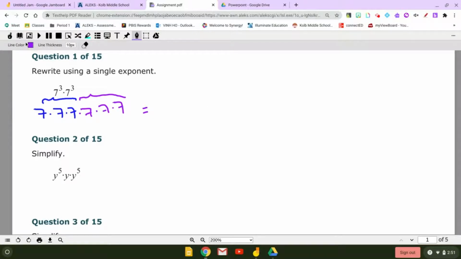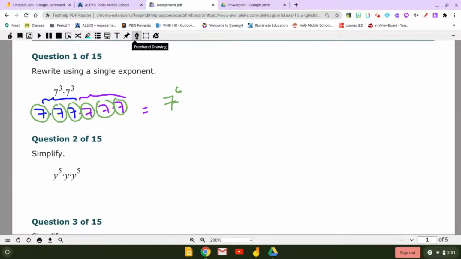You have the total of 1, 2, 3, 4, 5, and 6. So 7 multiplied by itself 6 times. You can write 7 to the 6th power like that. That is one way to go.